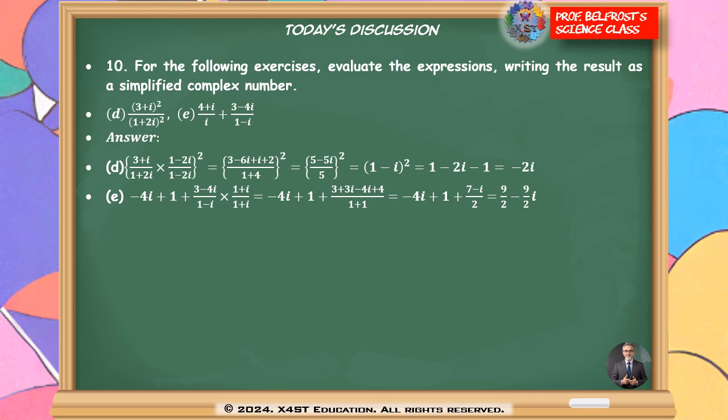For E, it's rather direct for the first sub-expression, but for the right sub-expression, you need to multiply with the conjugate pair, and then simplify. So for D you get minus 2i, for E you get 9 halves minus 9 halves i.